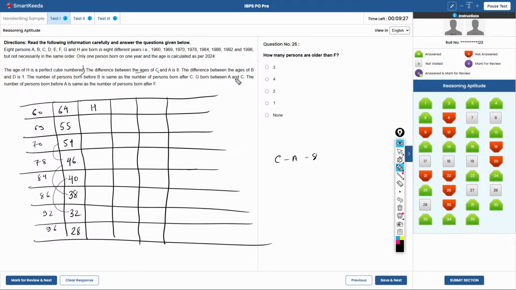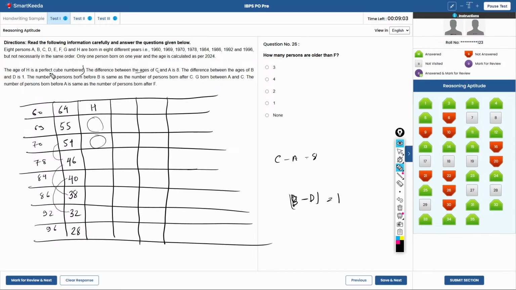The difference between ages of B and D is 1. B is 1. So BD here only, nowhere else, right? So B and D. So this option goes. So I have two options, so C and A. Here or here. Okay.